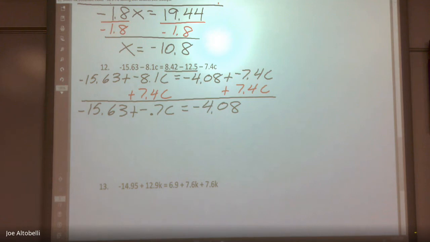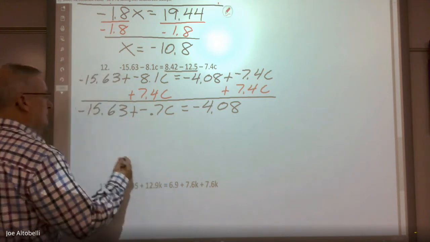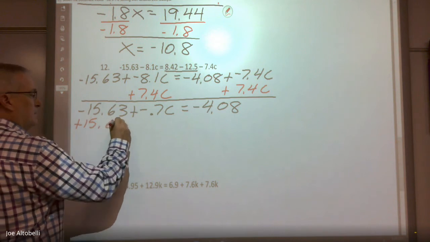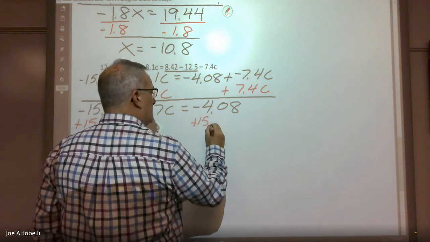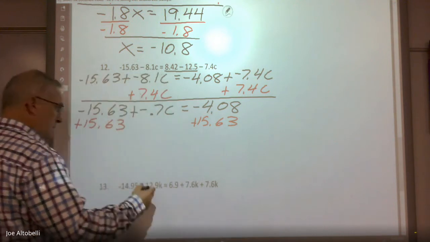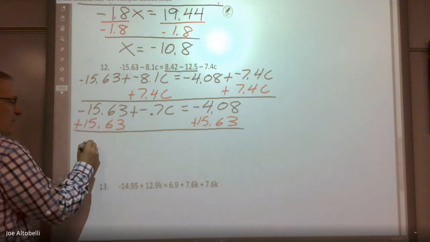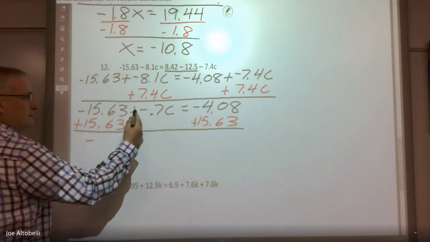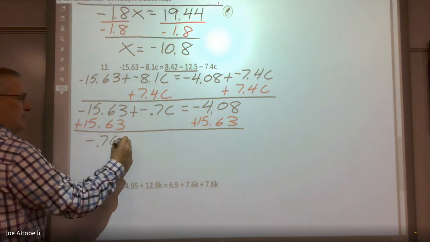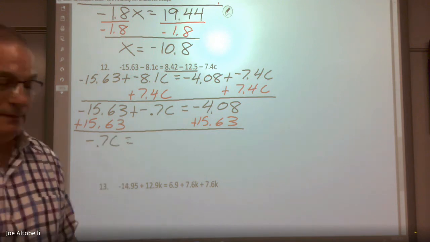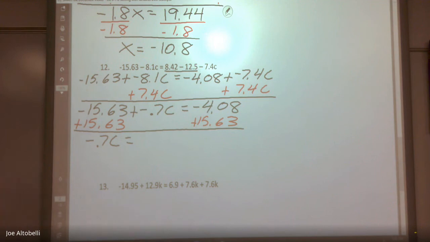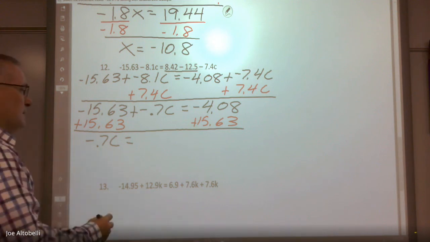So my two-step equation, I'm going to add the 15.63. This zeroes out. Remember the negative here. Negative 0.7c equals 11.55.